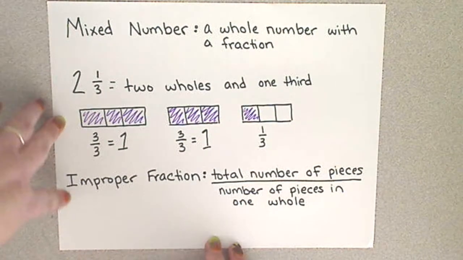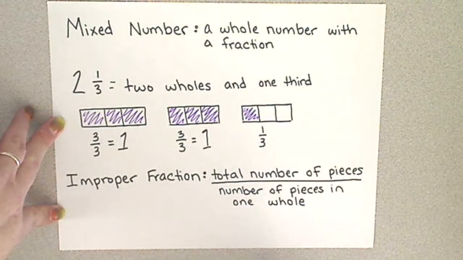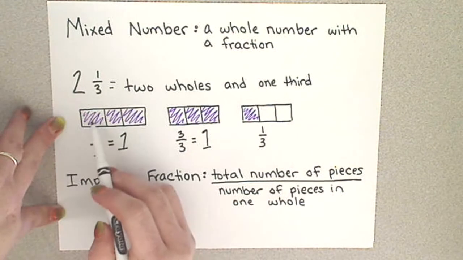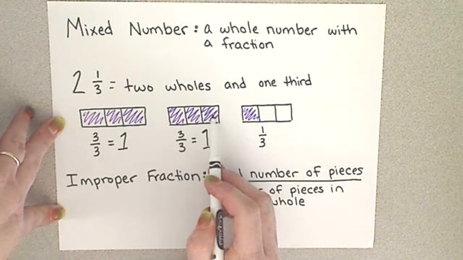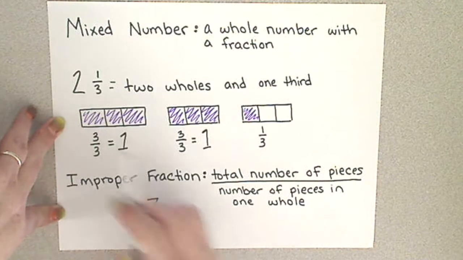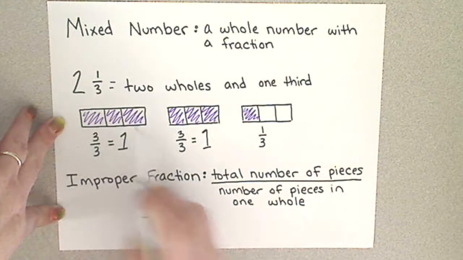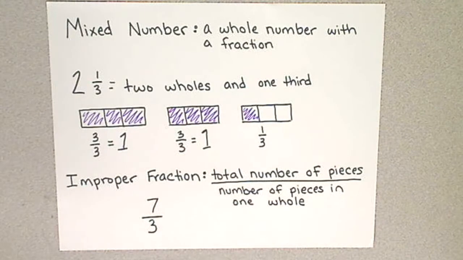So if we're looking at an improper fraction in terms of our example right here, we can count that there are 1, 2, 3, 4, 5, 6, 7 pieces shaded over in one whole there are 3 pieces in each whole. Okay, so now that we know what these terms mean, let's talk about how you convert them from one to the other.